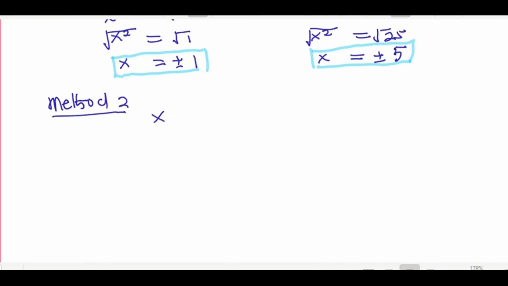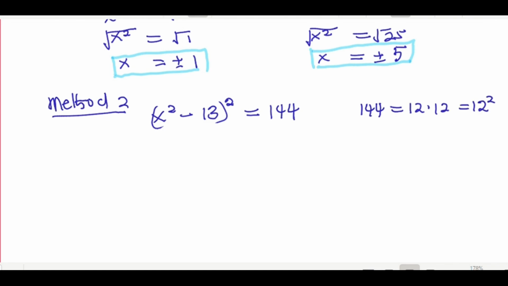For method 2, we have (x² − 13)² = 144. We know that 144 equals 12 times 12, which equals 12². So let's find the square root of both sides.